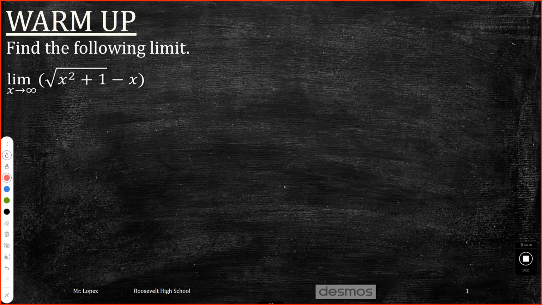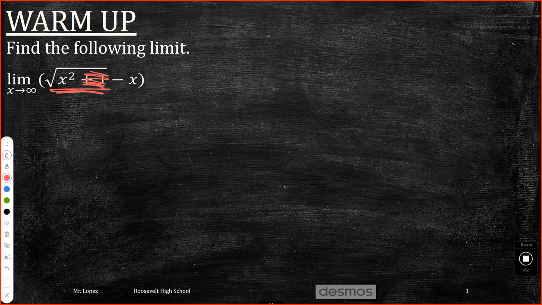Okay, so we have the warm-up. Find the following limit: the limit as x approaches infinity of this function. Let's do it the quick way, where we say that as it approaches infinity, 1 becomes insignificant.